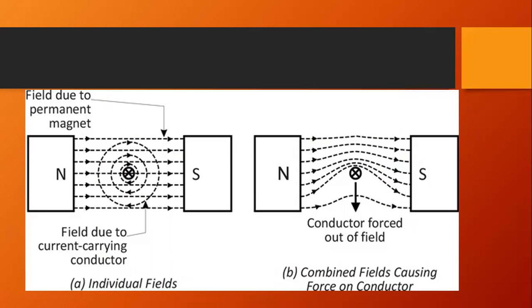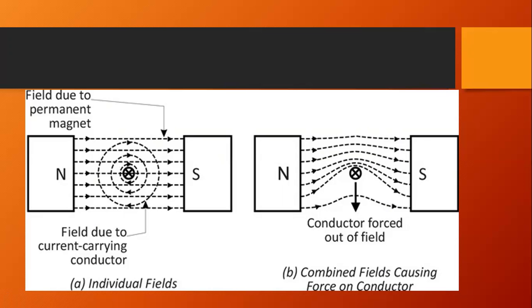These are the lines of field due to permanent magnet. Field due to current carrying conductor. If the current goes into the paper, then according to the right hand grip rule, the direction of the field is clockwise. This is the direction of the clockwise. Okay, so both are magnetic fields.